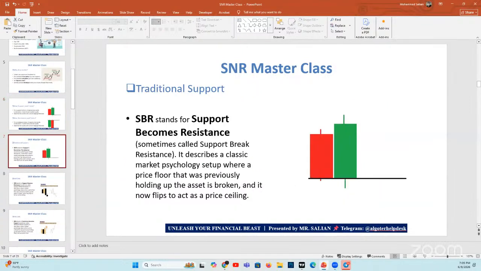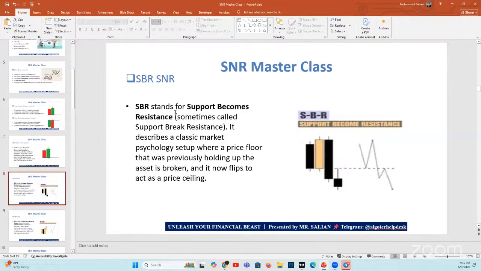Don't forget. For the SBR, support becomes resistance. It's just like this. Red, green, for example, bearish, bullish.